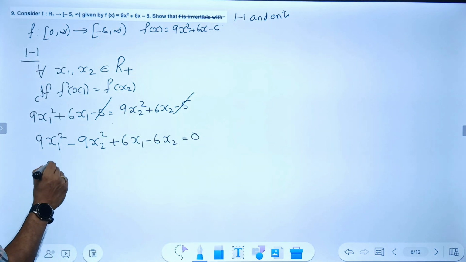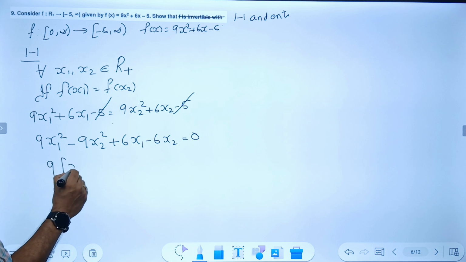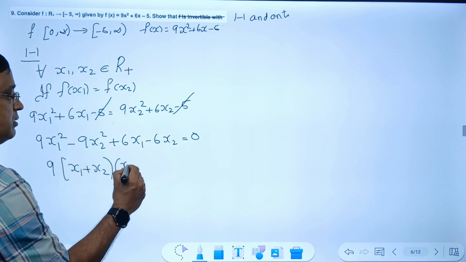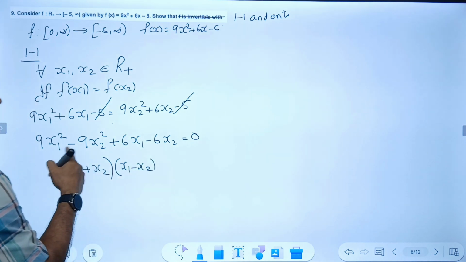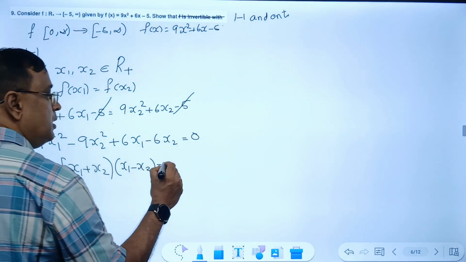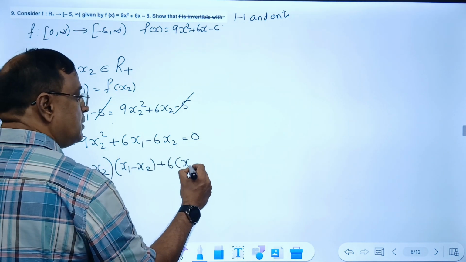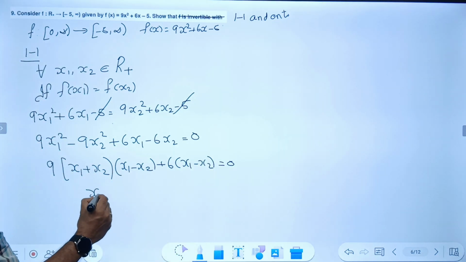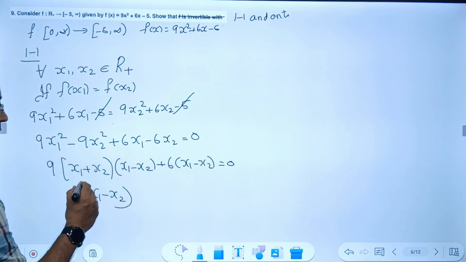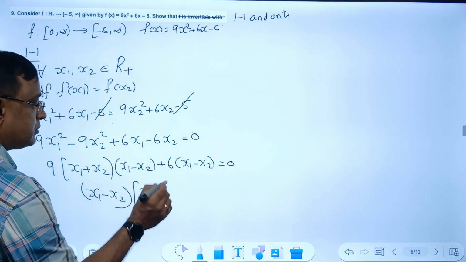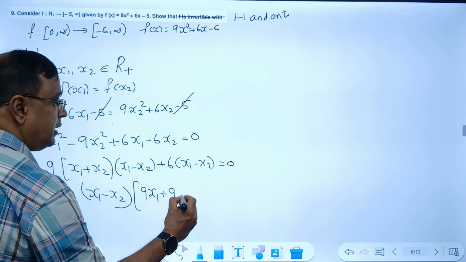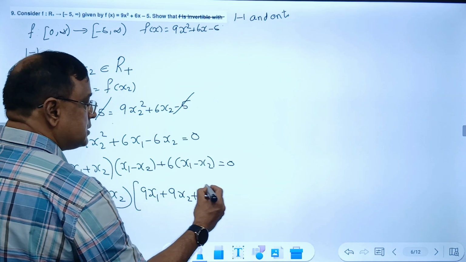So 9 is common. So I get x1 plus x2 into x1 minus x2. I am using the a square minus b square formula. Plus 6 is common. I get x1 minus x2. Now clearly you see x1 minus x2 is common. So I get 9x1 plus 9x2 plus 6 equal to 0.